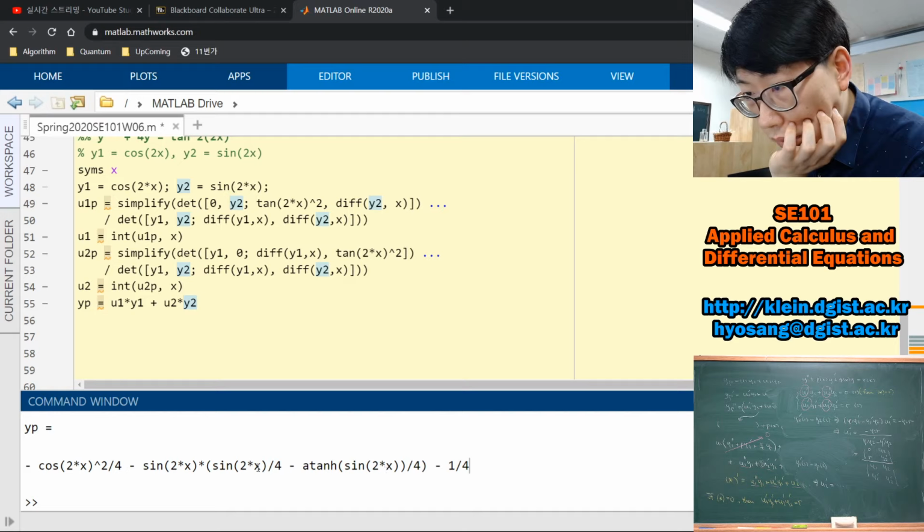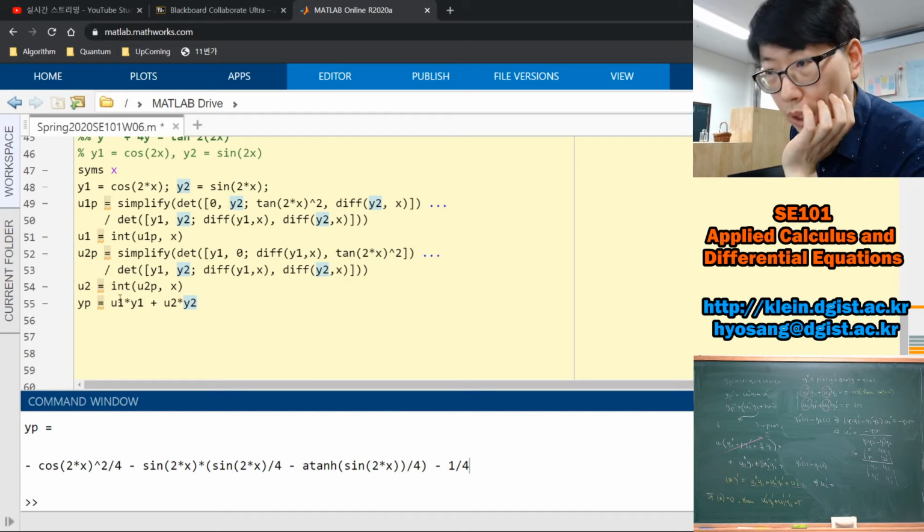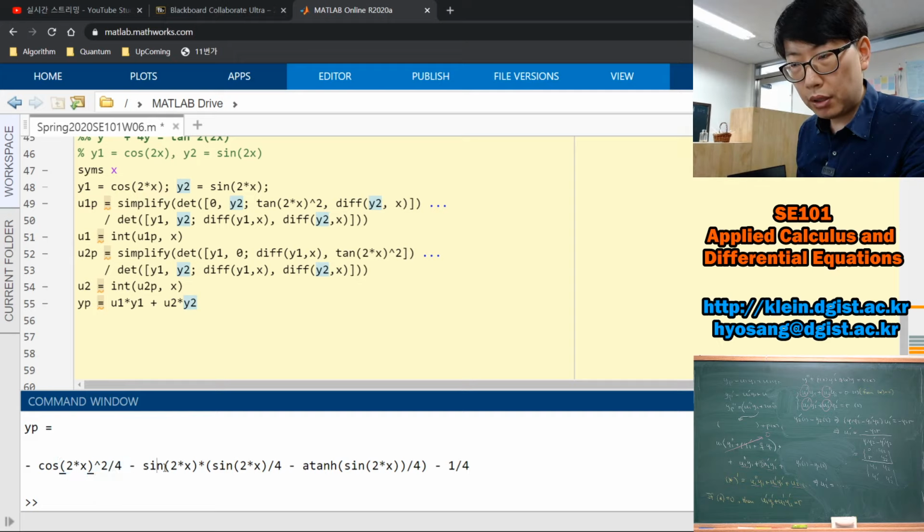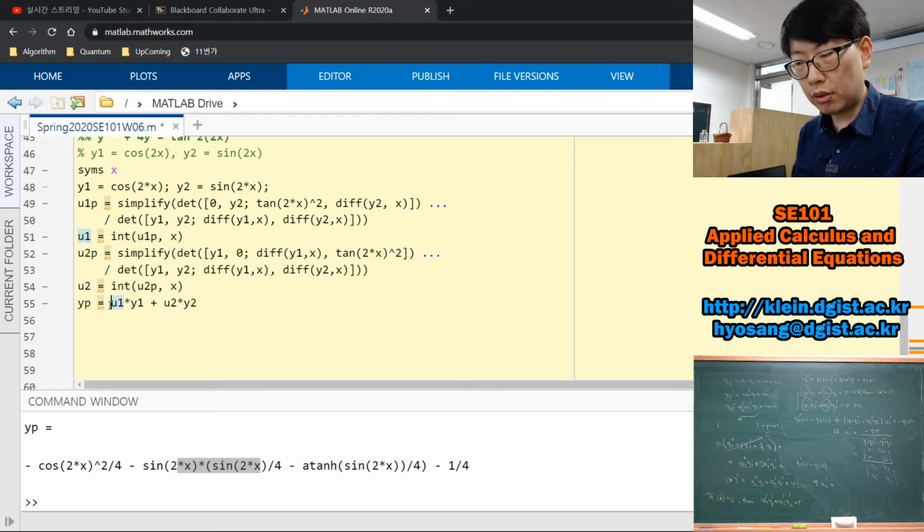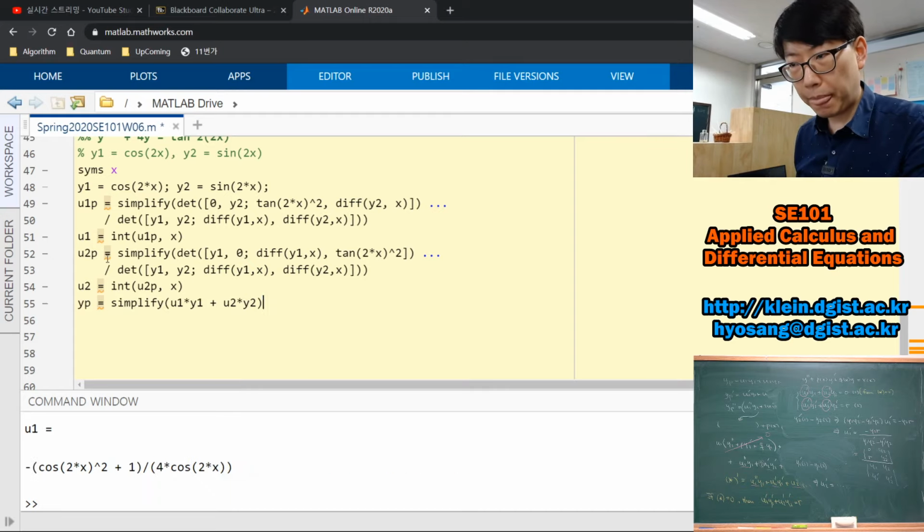I think it could be a little bit simpler. Maybe the cosine part, cosine squared part and sine squared part can be combined. So if I take the simplify command again, yeah, that gets a little bit simpler.